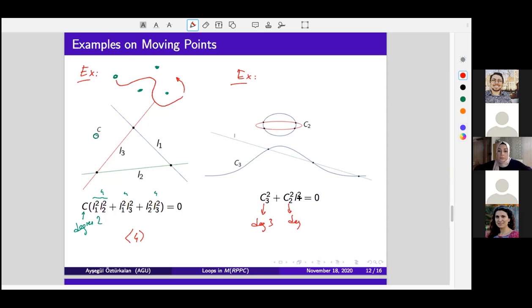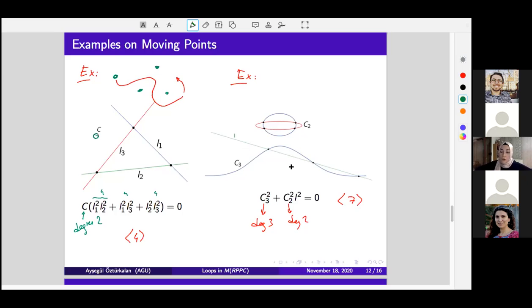This and this part, 2 components, are degree 3. And C2 is just one oval, which is degree 2, and the line I have. And as you can see, it has 7 points. So this is a movement in 7 empty oval space.